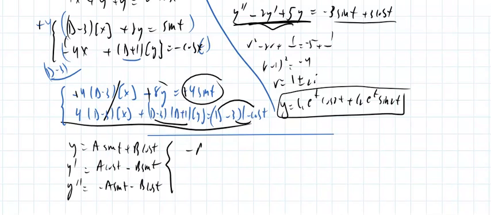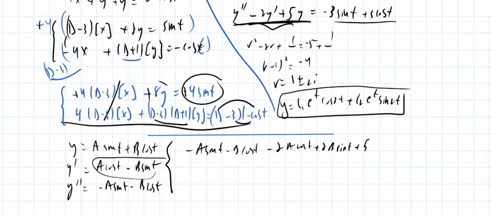Y double prime: negative a sine of t minus b the cosine of t, minus twice the product of those, so that's twice a cosine of t plus 2b sine of t, plus 5 times the first, a sine of t plus 5b cosine of t, equals negative 3 and negative 3, and negative 3 and positive 3.